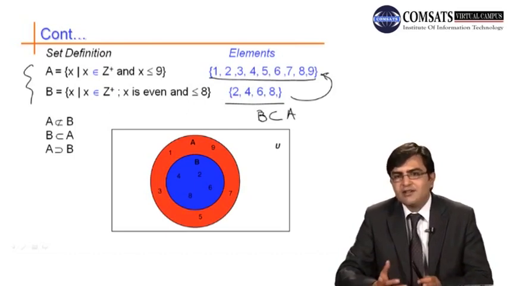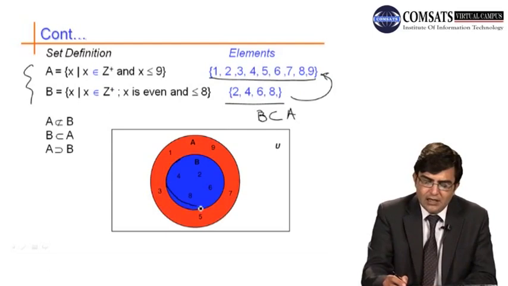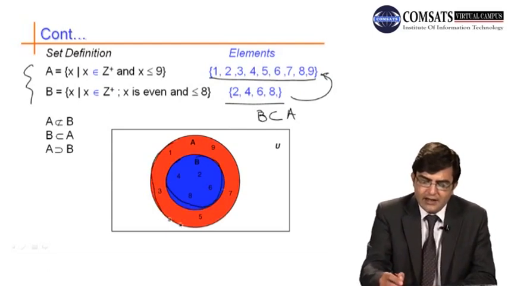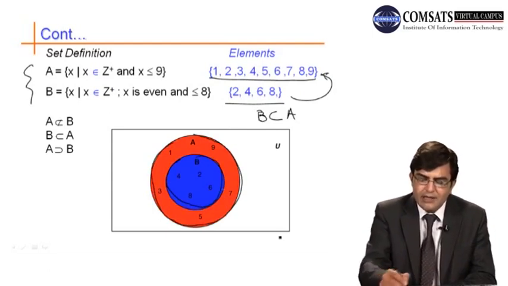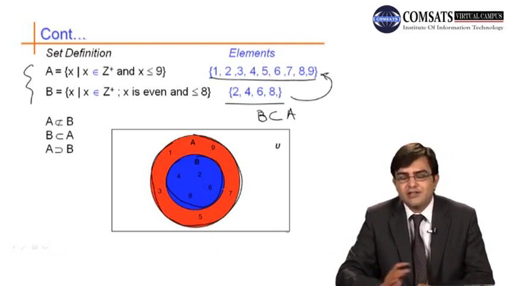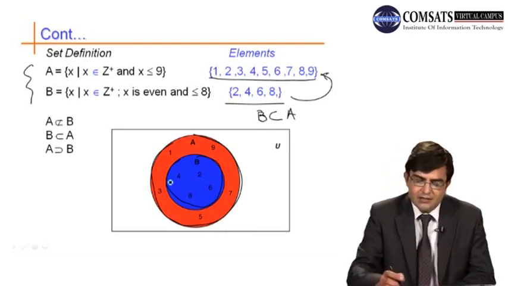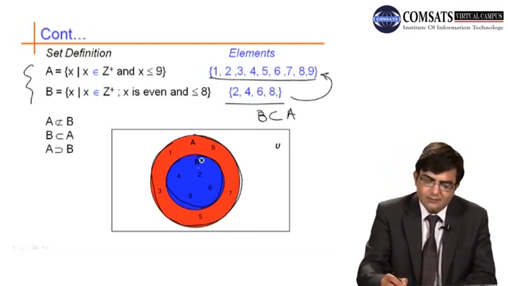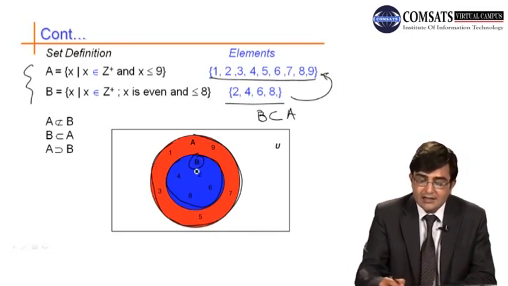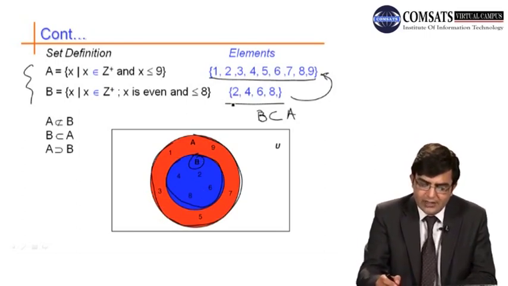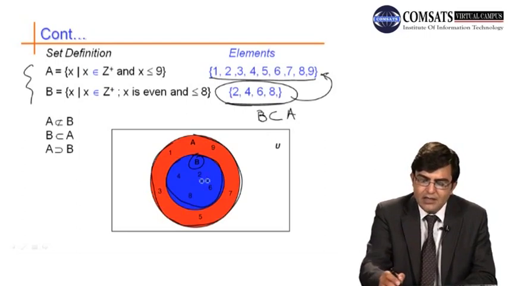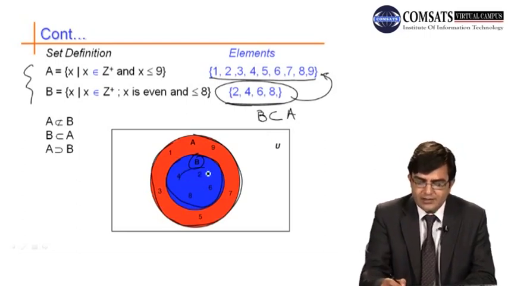So how do we construct the Venn diagram here? A must contain B, because A is a superset of B, or B is a subset of A. Therefore we draw a small circle which represents B, and a large circle which contains B. In B we write those elements which are in B: 2, 4, 6, 8.